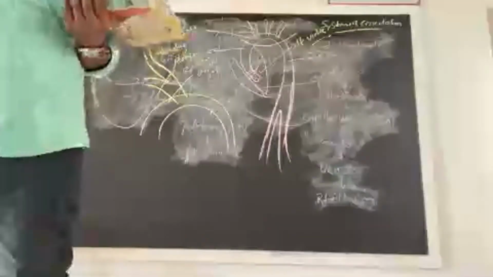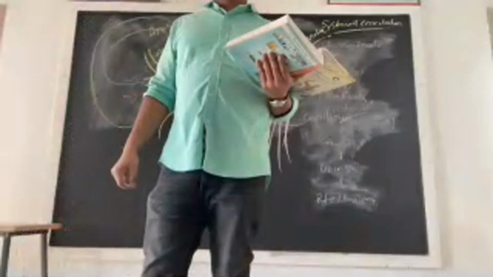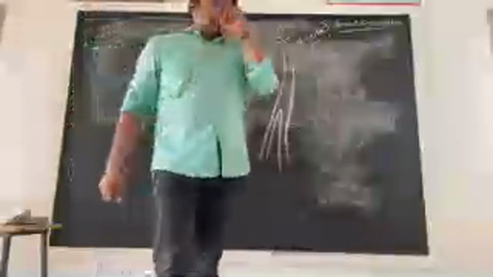Brachial is related to the hand. You are not getting my point. Bronchioles are in the lung. This is brachial.